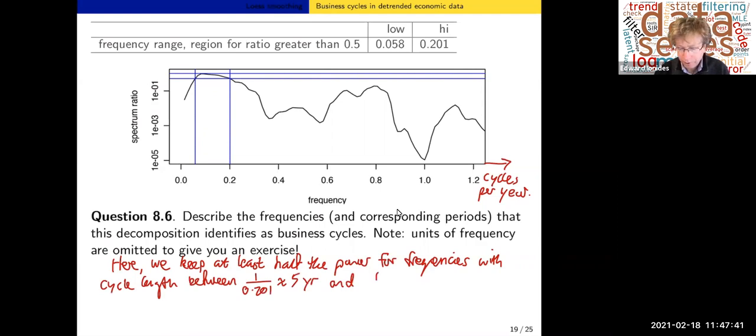And 1 over 0.058, which is whatever it is, about 15 years.